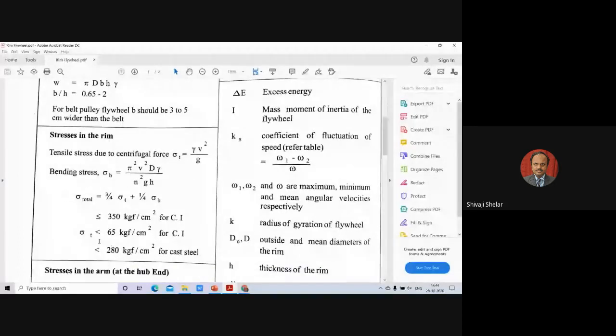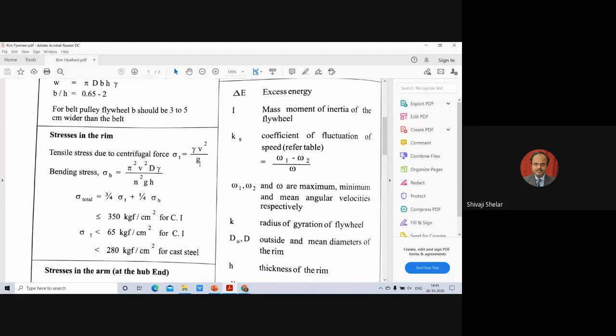Stresses in the rim. Tensile stress sigma t is equal to rho v square by 10 raised to 6, which I have taken. Now you will say this formula is different. No, this formula is saying specific weight, and specific weight upon G is nothing but density. Please remember, specific weight upon G is nothing but density.